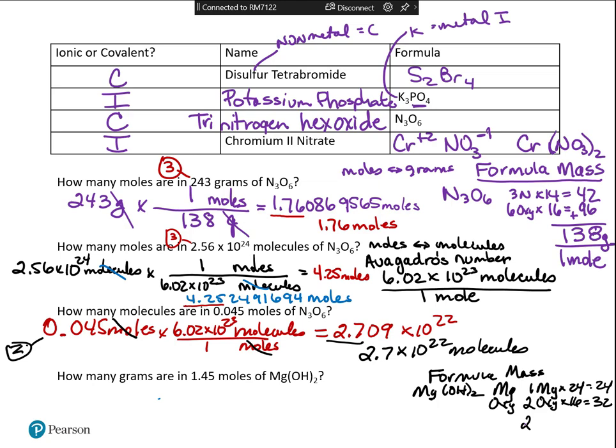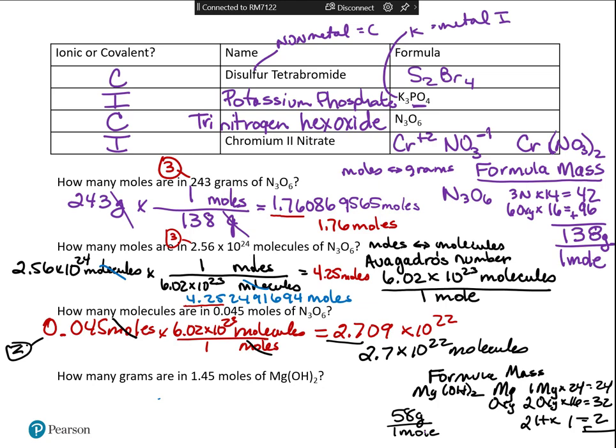Each one weighs 1, so that's going to add another 2. Now add these up: 24 and 32 and 2 is 58. So 58 grams is equal to 1 mole. Sorry, I wrote it down low and really small. 58 grams is in 1 mole. That's my formula mass, and now I can do the unit conversion.